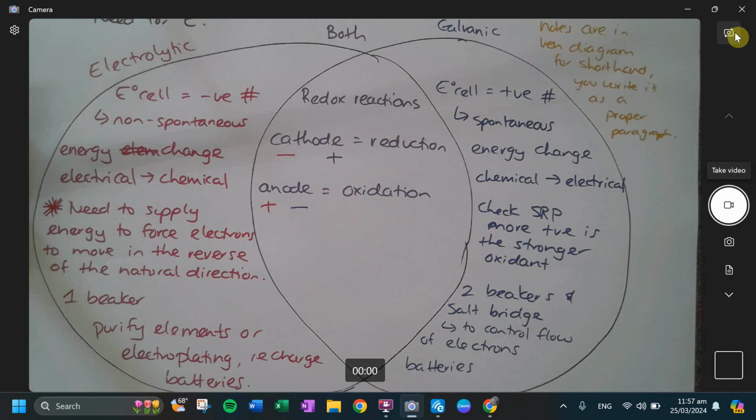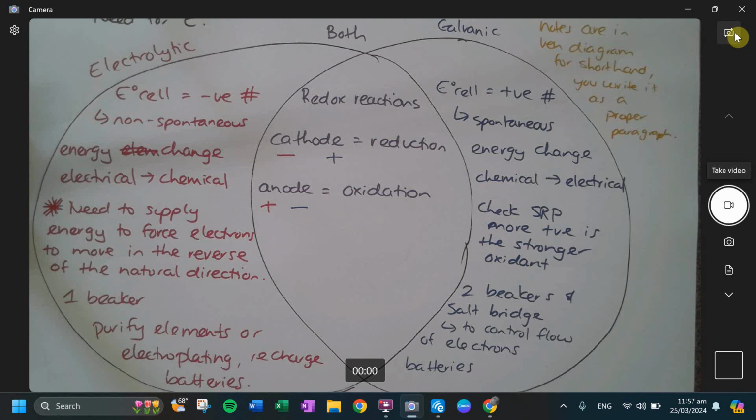And that salt bridge, the separation of our redox reaction, helps control the flow of electrons because it is spontaneous. If I just mix everything together, the electrons will just be moving in a random order, which isn't useful to me. That's not electricity. The other thing you could compare is you could talk about how the electrolytic is used for purifying elements, electroplating, and recharging batteries, whereas the galvanic is used as a battery.